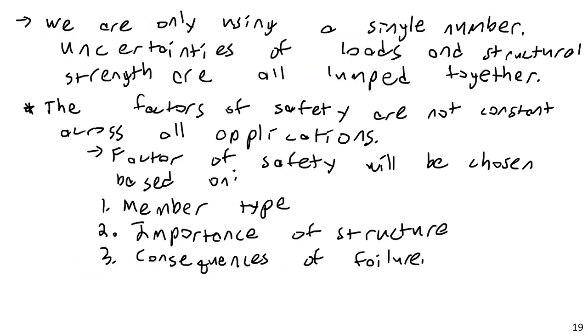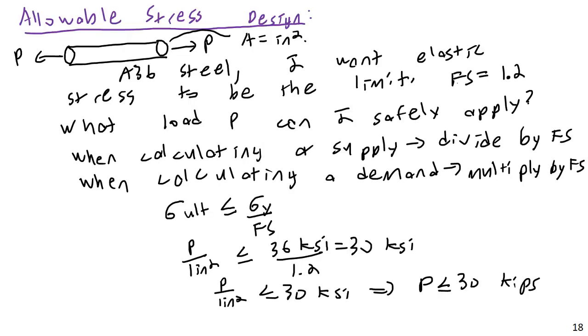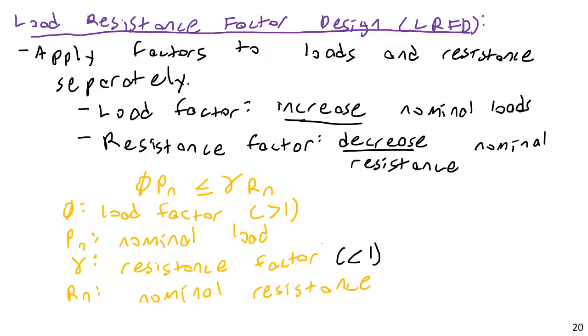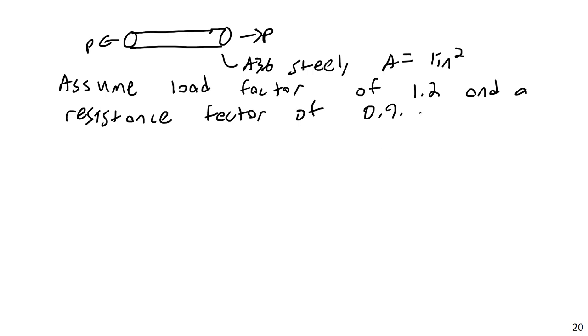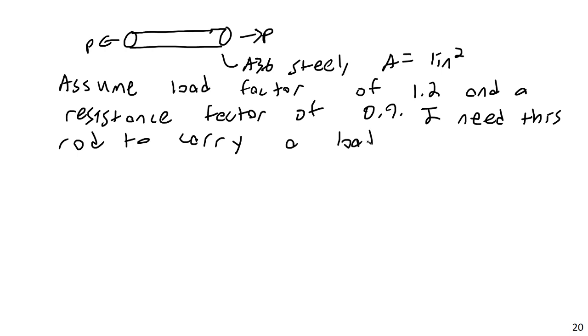Let's say I then go and ask, okay, what was loaded, based on the other one. Let's say I need this rod to carry a tensile load of 30 kips. Is it adequate?